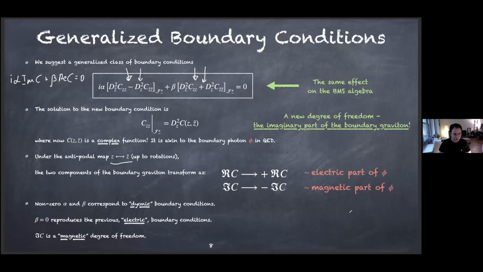So as we discussed a couple of minutes ago, for beta equal to 0, we reproduce the previous boundary conditions, which I will now call electric. More generally, for non-zero alpha and beta, we will have the dyonic boundary conditions, because they give rise to both electric and magnetic components.